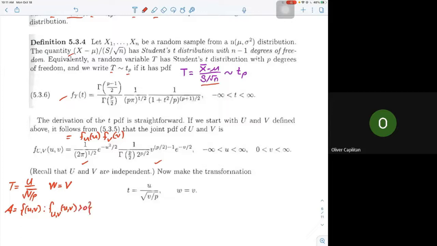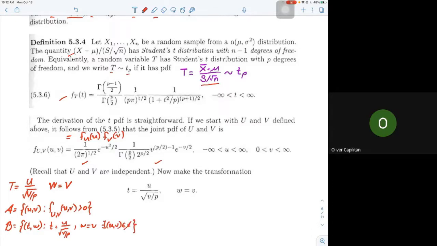And script B is the set of all ordered pairs t, w such that t is equal to u over the square root of v over p and w is equal to v, for some u, v an element of script A.